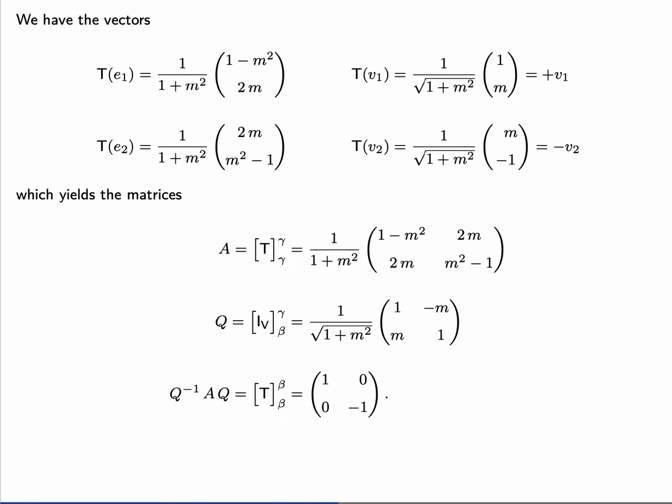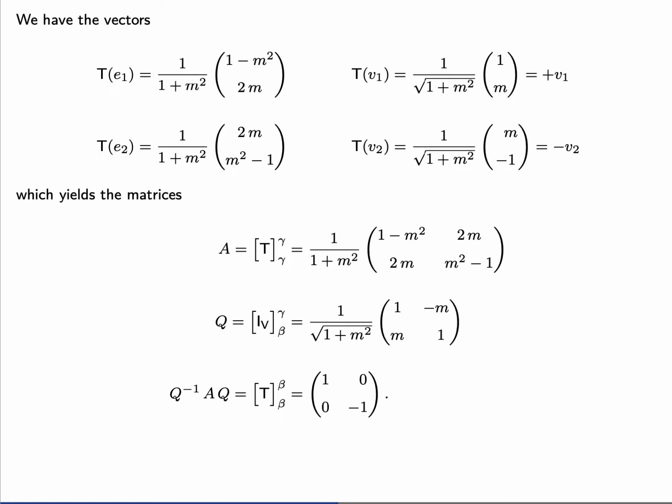Now let's say that we wanted to compute the change of coordinate matrix Q. Well, since gamma is the standard basis, this change of coordinate matrix corresponds to placing v1 in the first column of Q, and then placing v2 in the second column of Q.